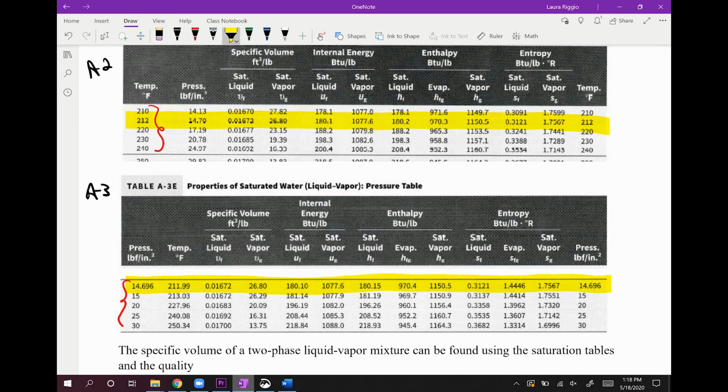And if we look here, our specific volume on our temperature table is 0.01672, and on our pressure table we have the same information. The last line of both tables is identical because your saturation tables end with your critical point.